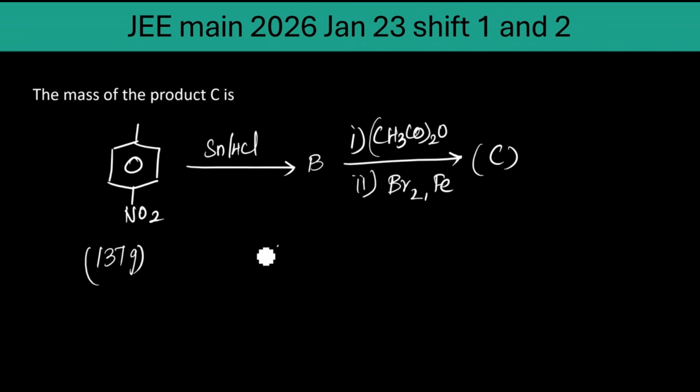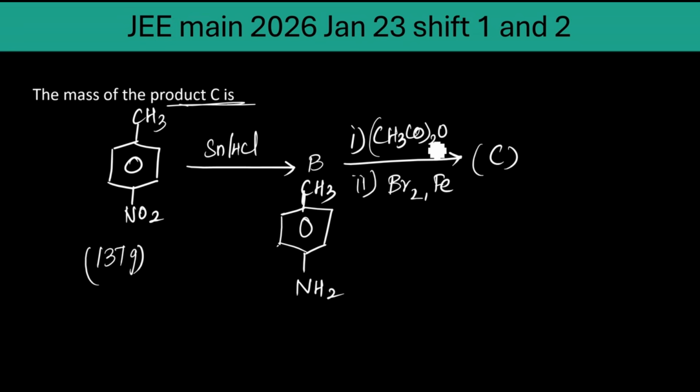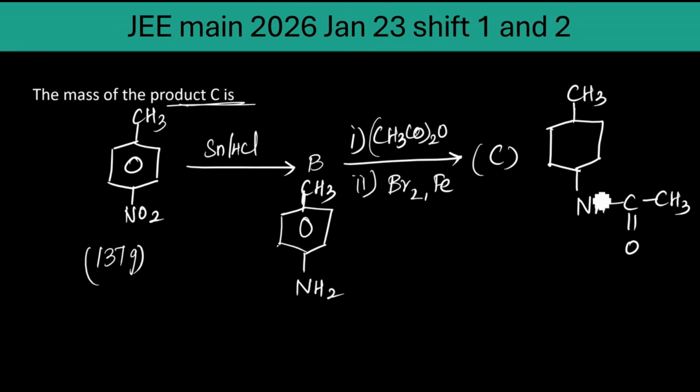Then this question: mass of the product C. They are asking mass, so first let's do this question. What is B? Sn/HCl reduction, so NH2 will be formed in place of nitro. CH3 remains intact. So many times we have solved this, right? Which will form NHCOCH3 and CH3 will be there.